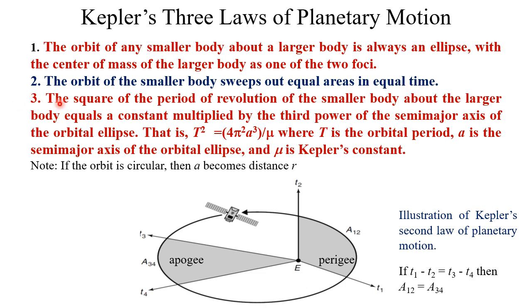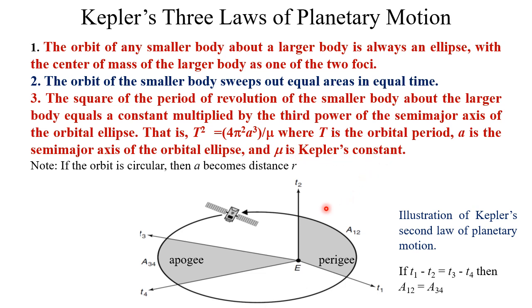And the third law is that the square of the period of revolution of the smaller body about the larger body equals a constant multiplied by the third power of the semi-major axis of the orbital ellipse, that is T square is equal to 4 pi square a cube divided by mu, where T is the orbital period, a is the semi-major axis of the orbital ellipse, and mu is the Kepler's constant.